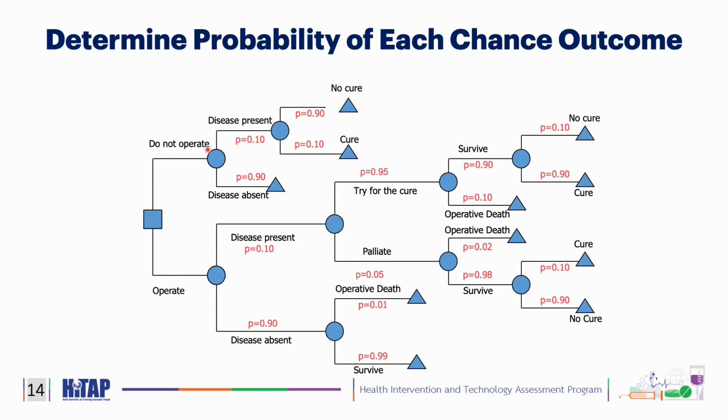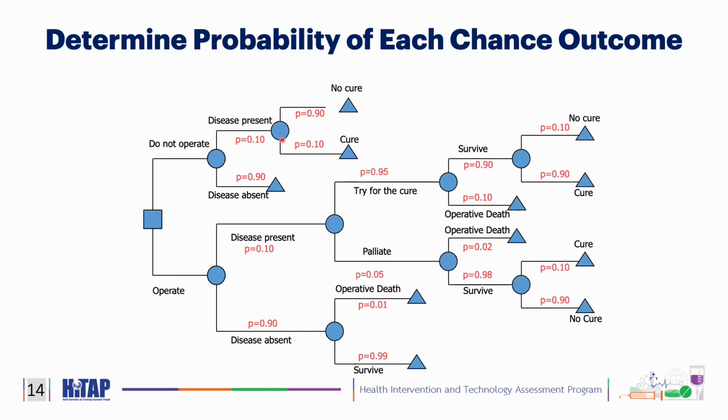When we apply the probability of this state, it means the patient can fall into only one scenario, either the disease absent stage or the disease present stage. So we need to make sure that the probabilities combined equal 1, to make sure that the patient can fall into only one scenario.